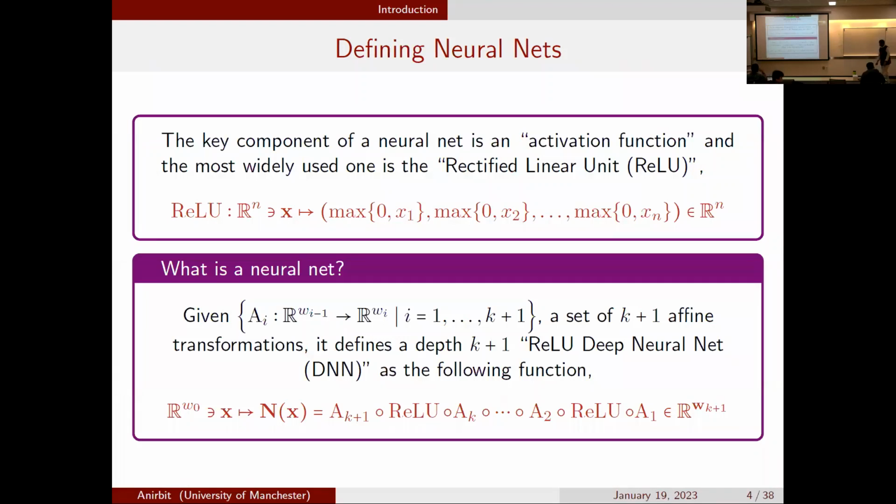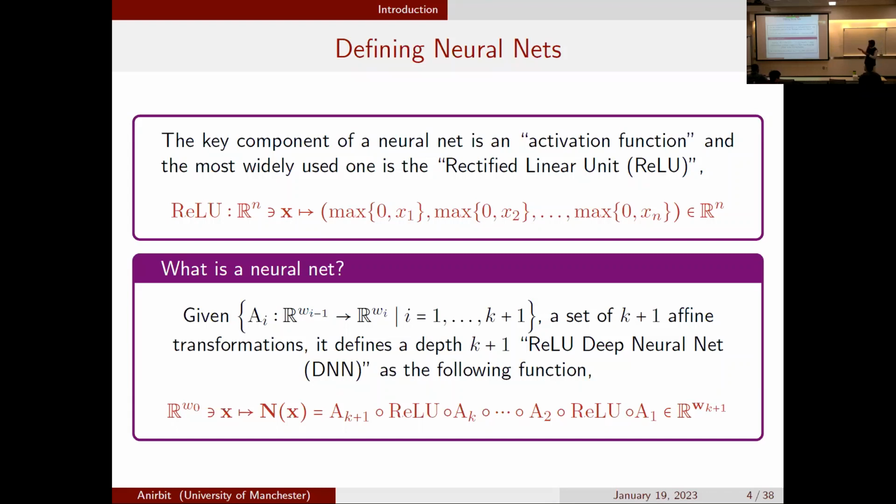To define more formally, the ReLU activation is what is most often used. It is a map from Rn to Rn, which takes a vector and gives max of 0 and the corresponding coordinate as output. A neural network of depth k plus 1 consists of k plus 1 alternating compositions of an affine transform with activation. The input comes in at the A1 end.